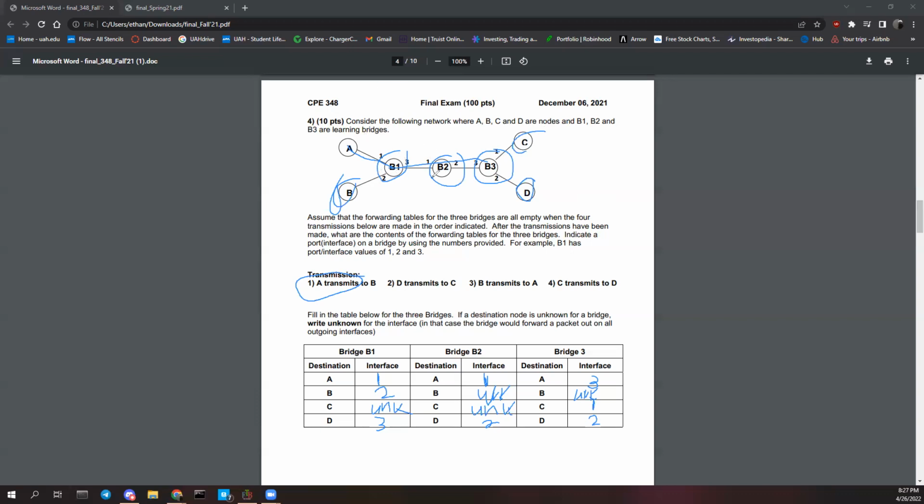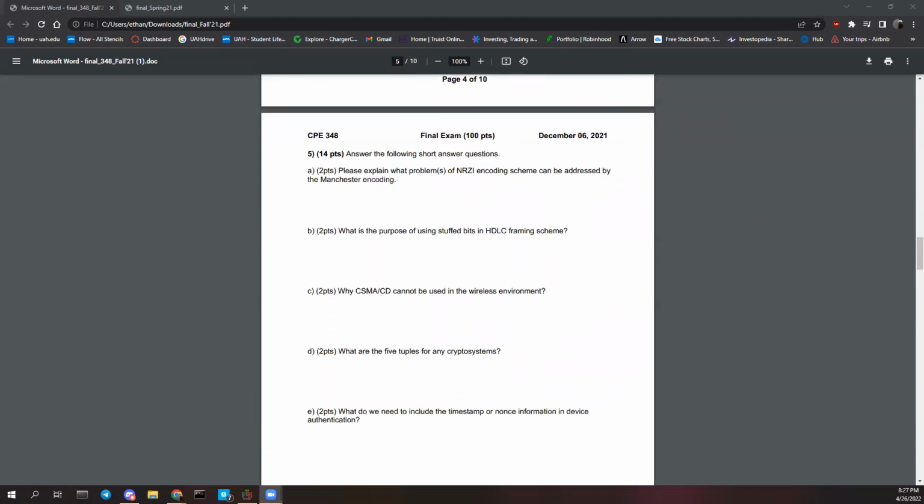And when a transmission occurs, it only stores that node itself. If I transmit A to B, the only thing that should be populated in that original message send is where A is across all of them, and vice versa. That's that whole question. Easy peasy, a little confusing at times.